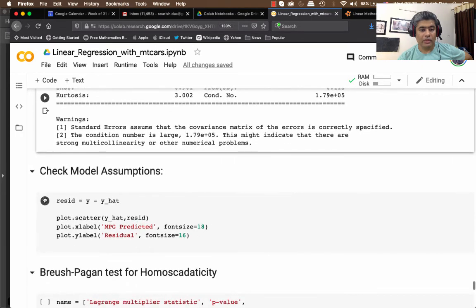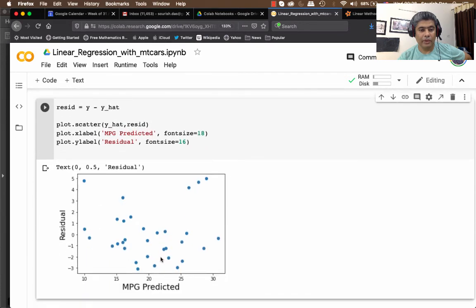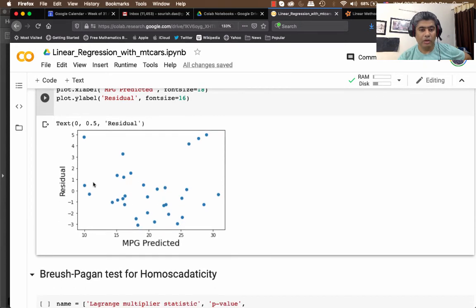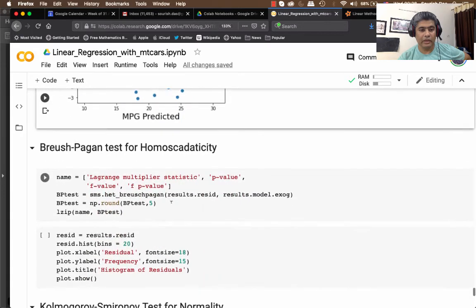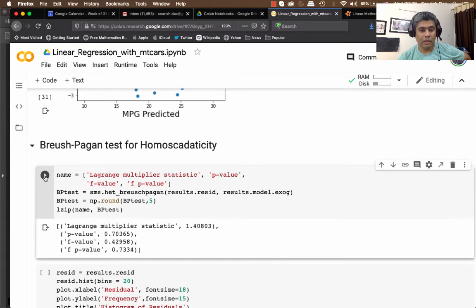So we compute the residuals, y minus y hat, and it looks like there is not much pattern there. Then we did a Breusch-Pagan test for homoscedasticity, and the p-value for the Lagrange multiplier statistic from the Breusch-Pagan test is 0.70, and the p-value for the f value is 0.73.